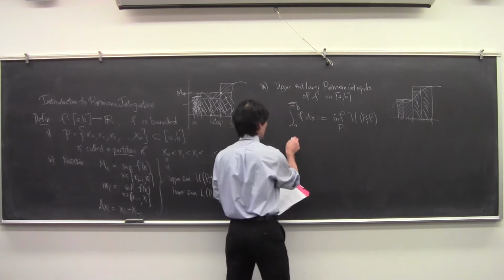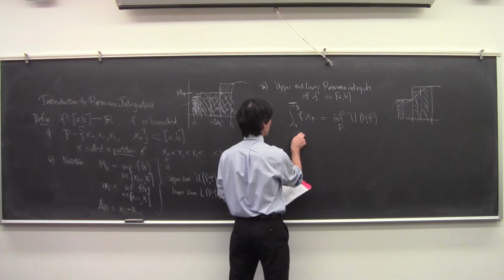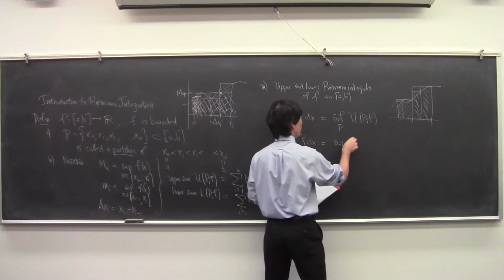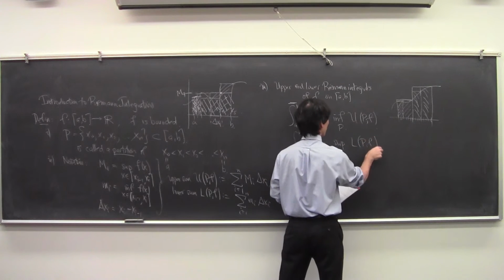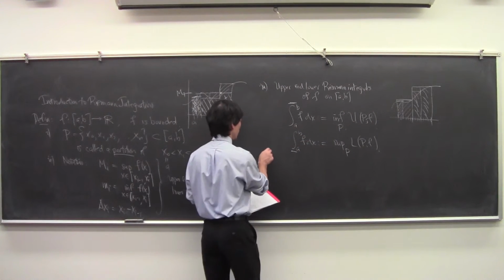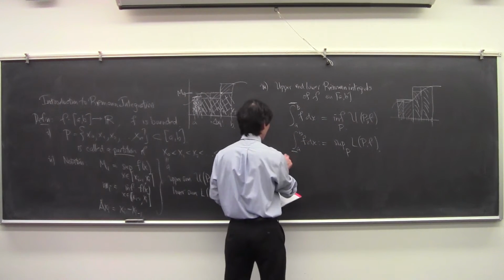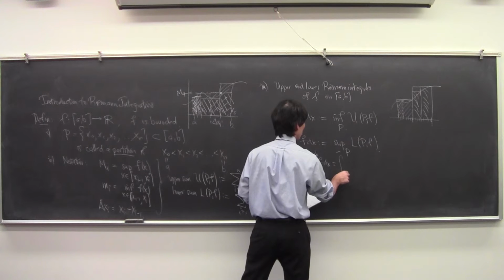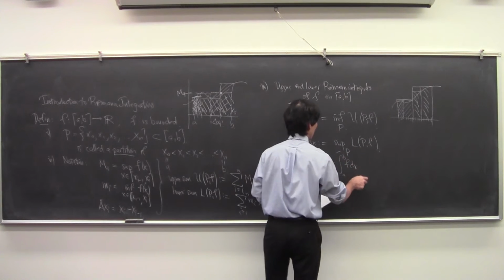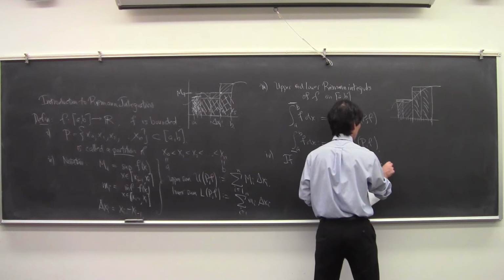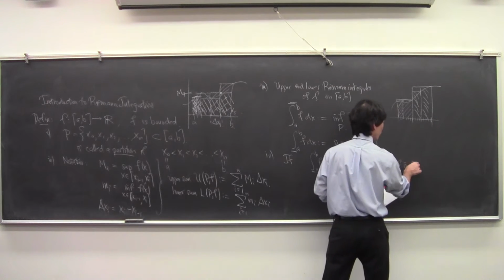Okay, and you do the same thing for the lower Riemann integral, which is defined to be the supremum over all lower sums. Okay, and most important, if these two things happen to be equal, then we say that f is Riemann integrable.